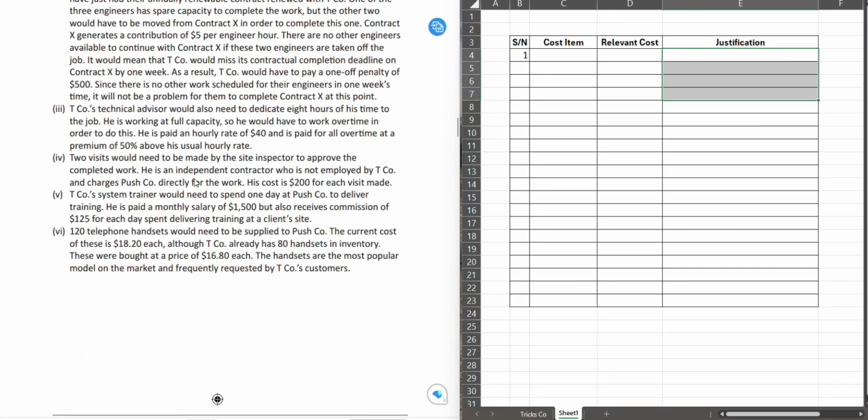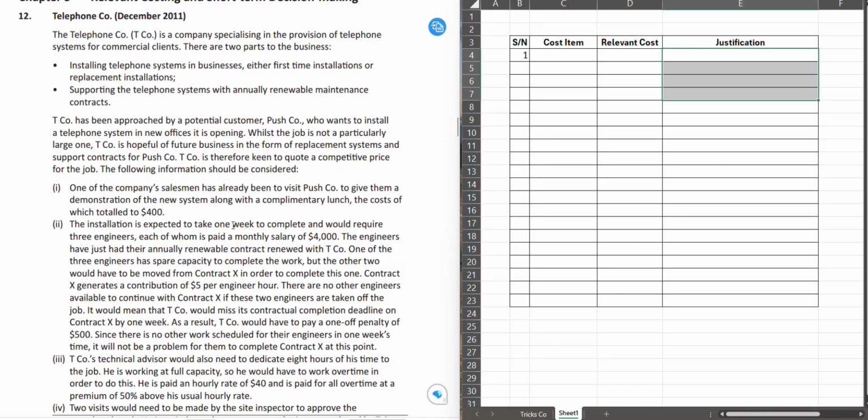So we have telephone call who has been approached by a new customer for a potential business. And telephone call needs to quote for that business. There are other people who will also be quoting for the business, so telephone call needs to quote a highly competitive price.